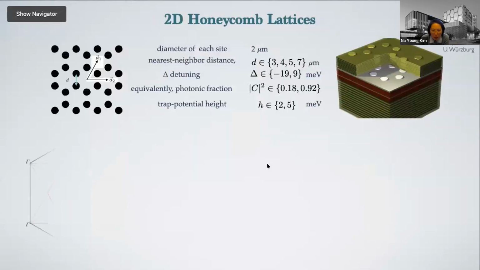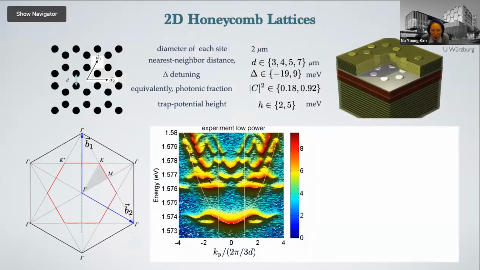The way we can look at it in a better way is that this is the Brillouin zone of the honeycomb lattice. We cut a particular cross-section of the Brillouin zone. Then what you see is what we call the band structure, energy versus wave number.